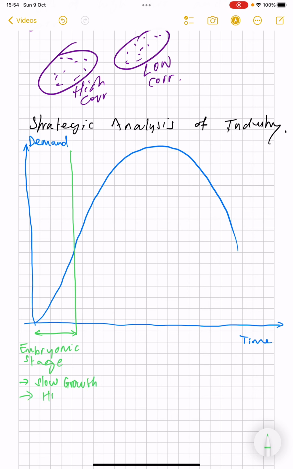You have high prices. The company requires significant investment, and the company has a high risk. That's for the embryonic stage.